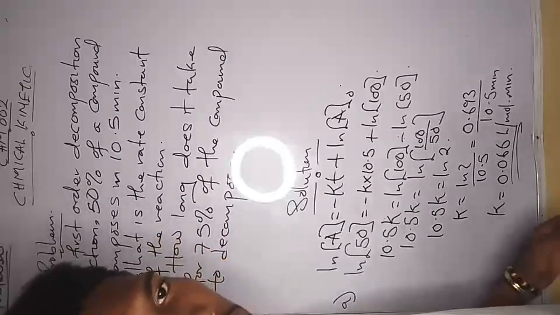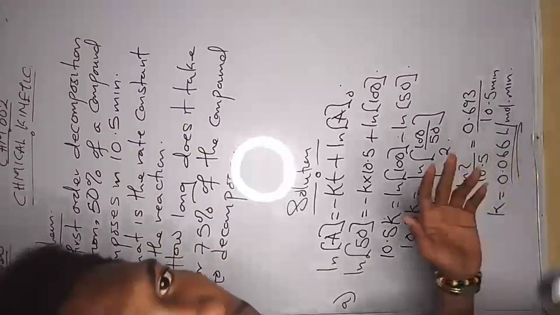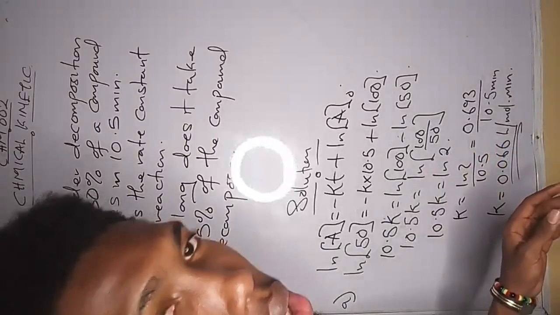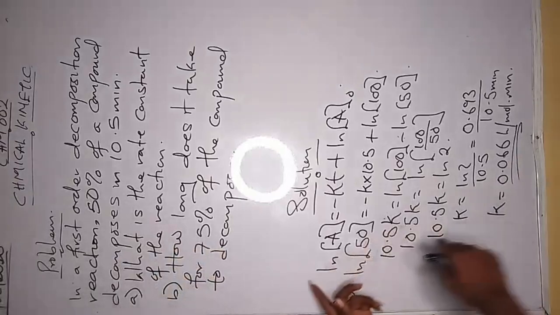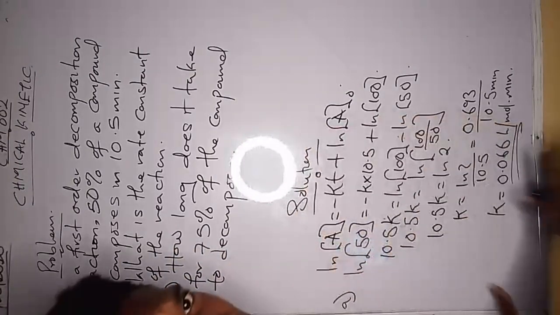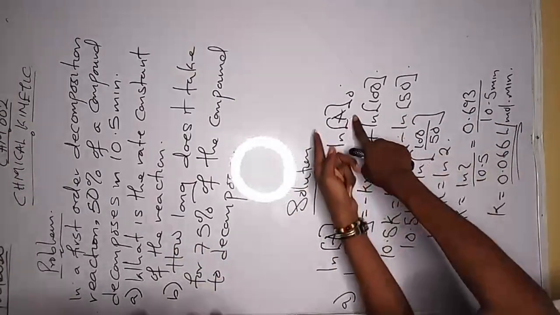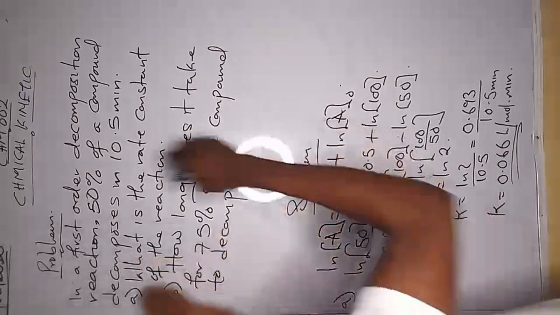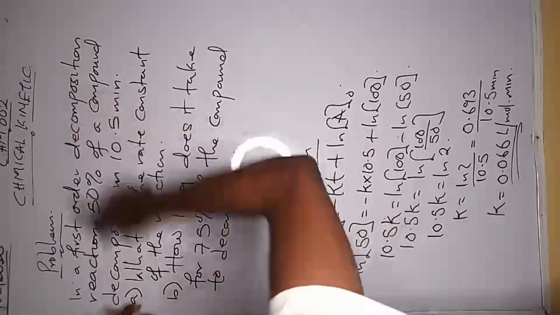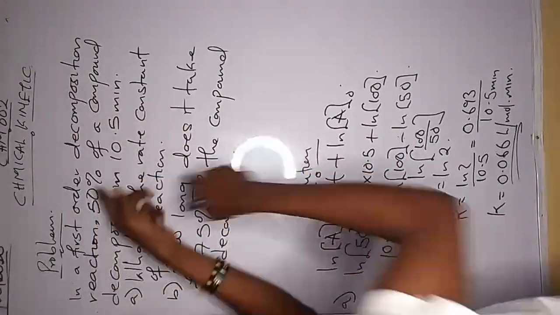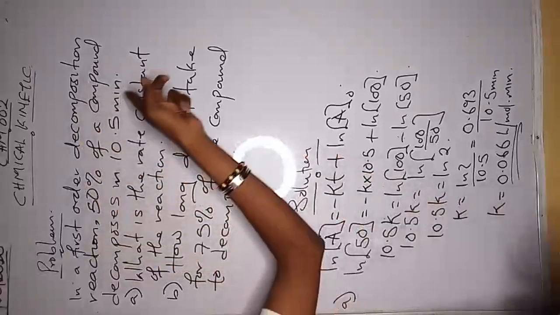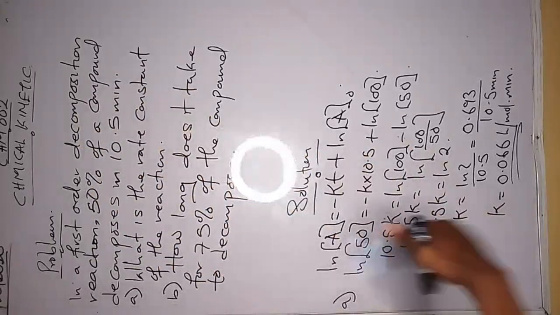Okay. Someone said I should come again. Did you understand this one we did here? Why we use 100 here? Because they were operating with percentage. They said in the first order decomposition reaction, 50% of the compound decomposes in this amount of time. So they are telling us that 50% out of 100 decomposed.